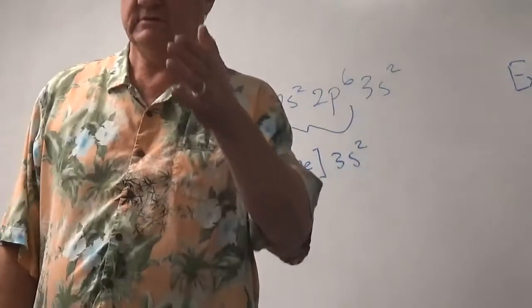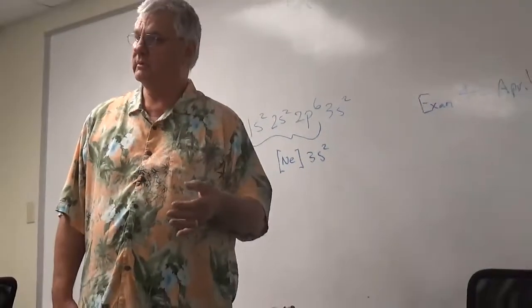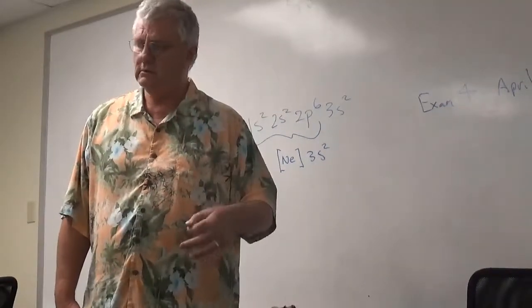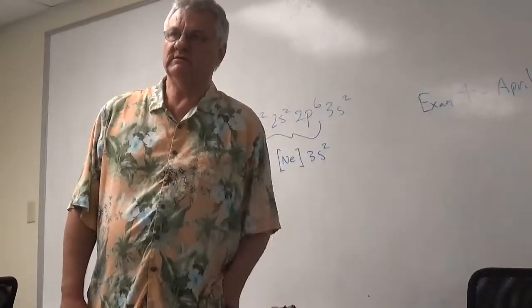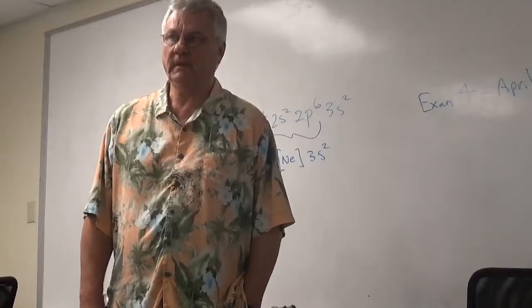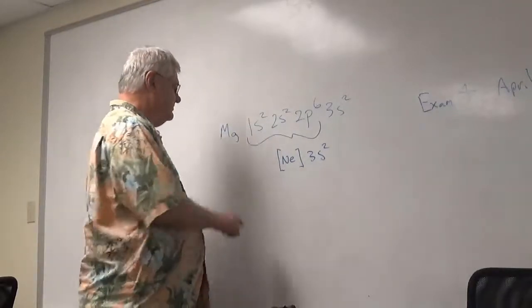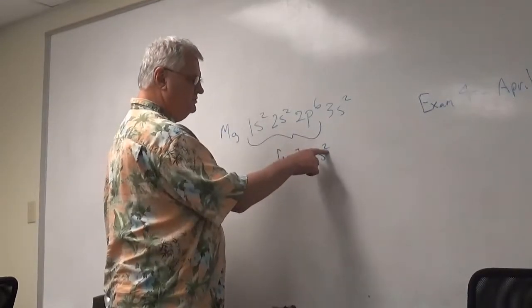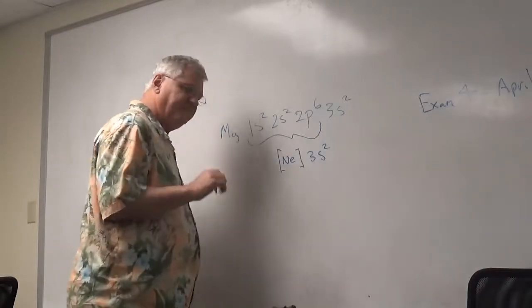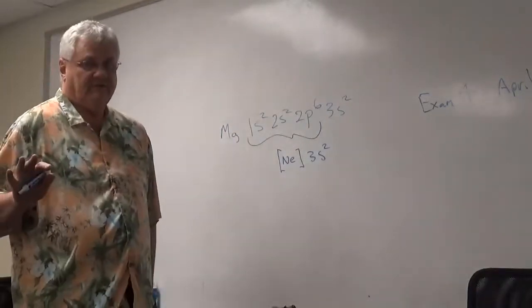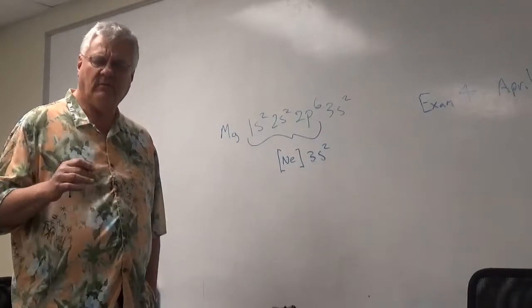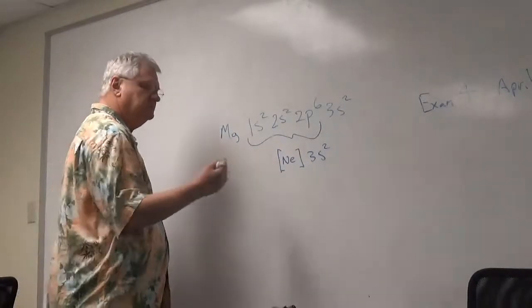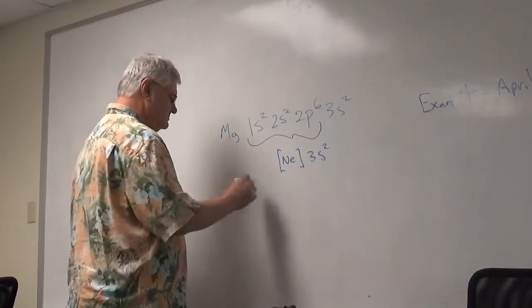In the main group elements, or representative elements, the group number 1A, 2A, 3A, through 7A, tells you how many valence electrons there are. Okay? Well, obviously magnesium's in group 2A, so it's got 2 valence electrons. It's very easy to determine the electron configuration for the most stable ion formed by magnesium if it loses those 2 valence electrons.